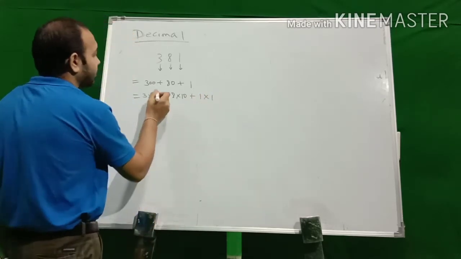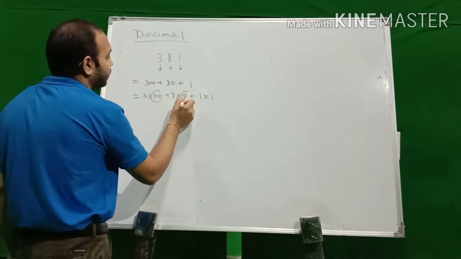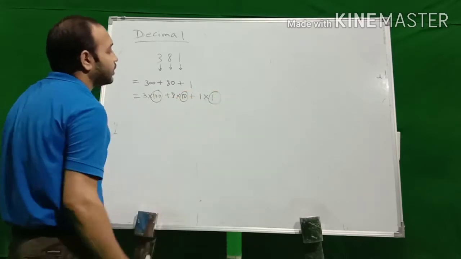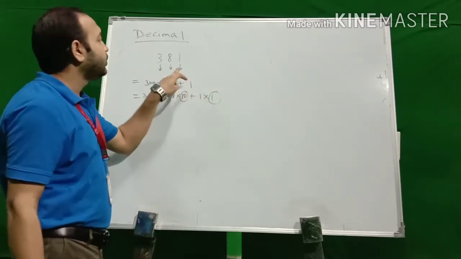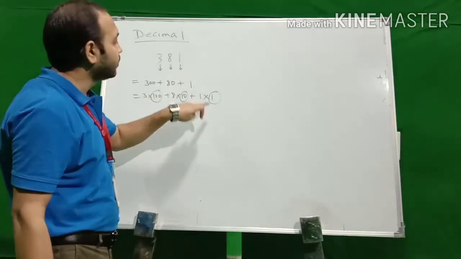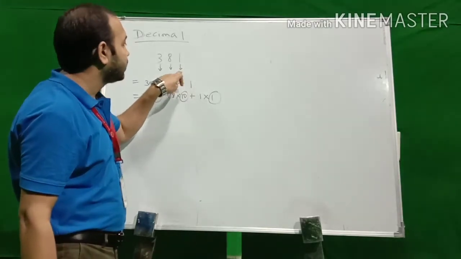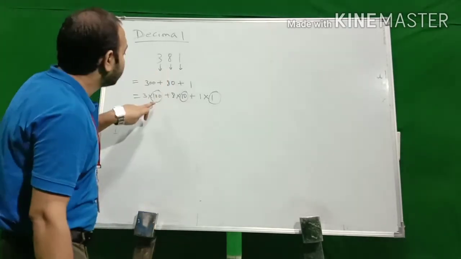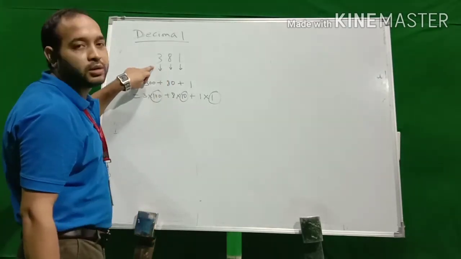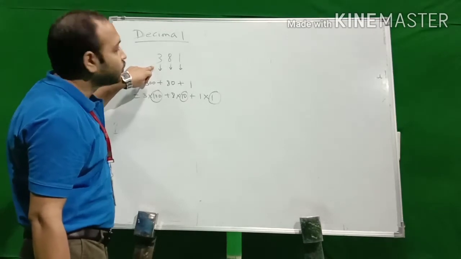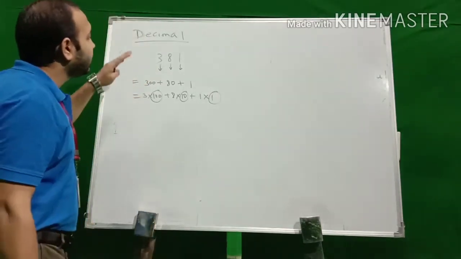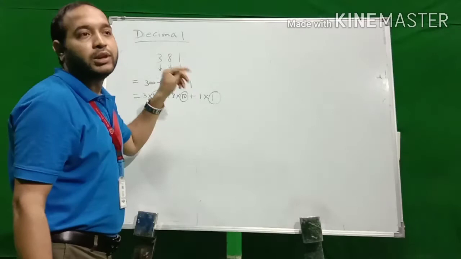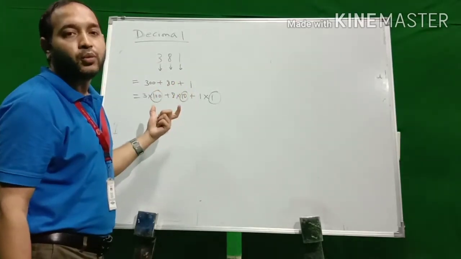So this 100, this 10, this 1, these are the weights of these positions. Means this is the unit place weight, this 10 is the tens position weight, and this 100 is the hundreds position weight. So like this, in every number system there will be some weight.